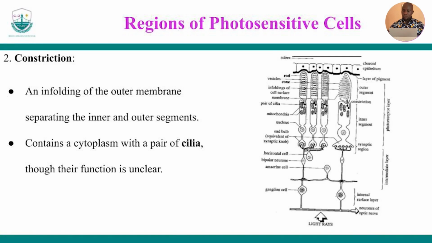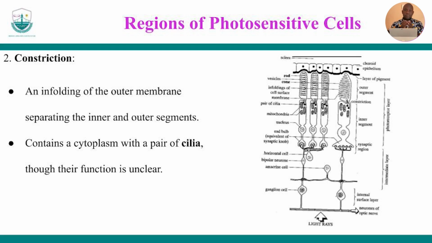So we move to the second part, the second region, which is the constriction. These are the constrictions. You'll see that the constrictions have cilia. I have a pair of cilia there. The function of these cilia is not actually well known. So we move to the inner segment, where you will find the nucleus, the mitochondria and other organelles such as the ribosomes.